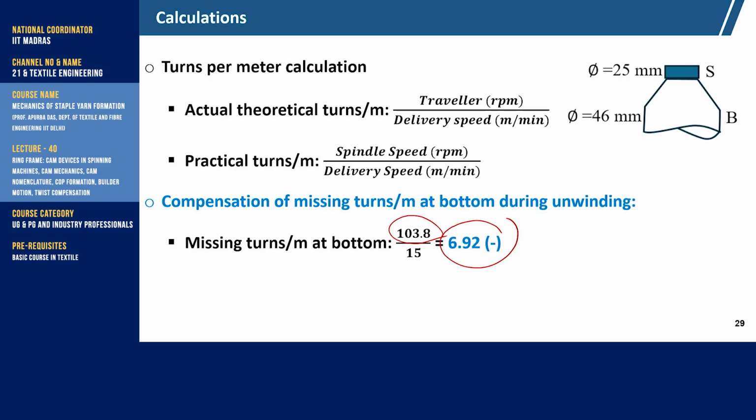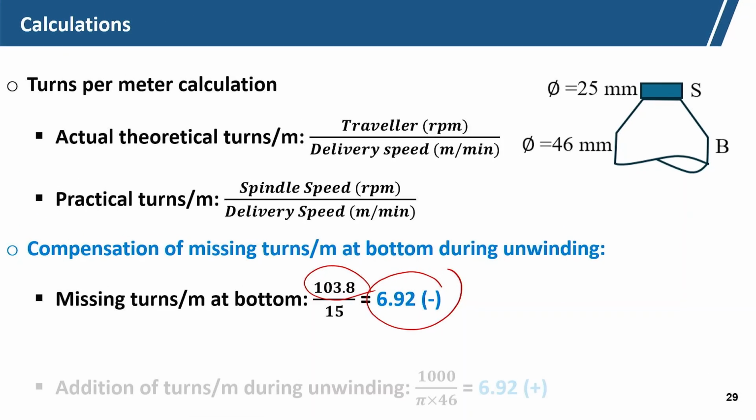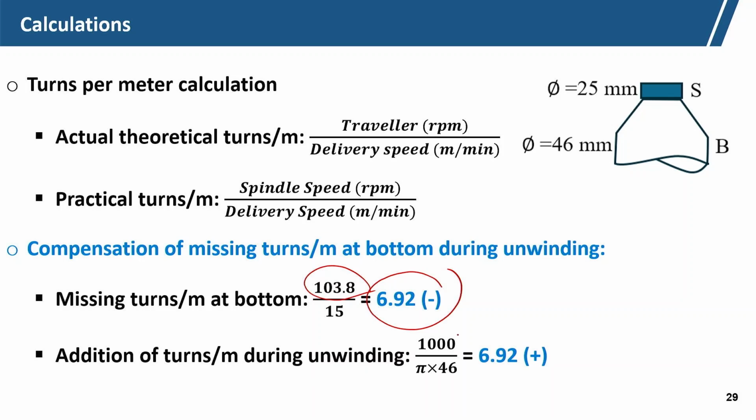Here, whatever is added is 1000 by pi multiplied by 46, which is 6.92. That means effectively after unwinding we are gaining that much twist which we have missed due to the traveler lag.